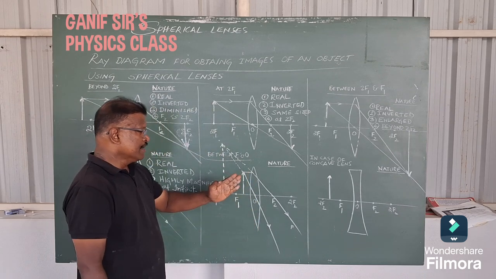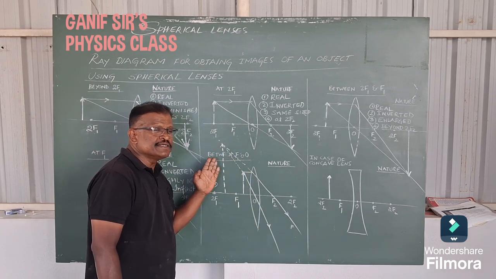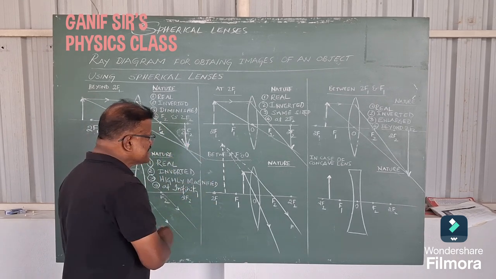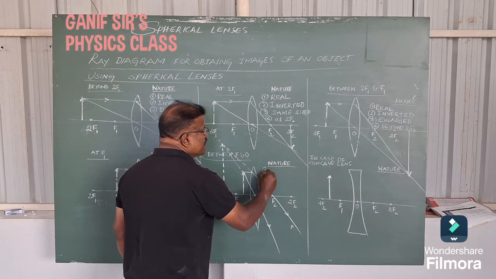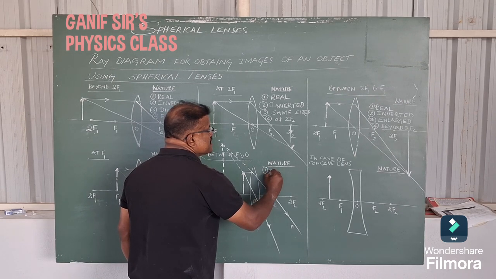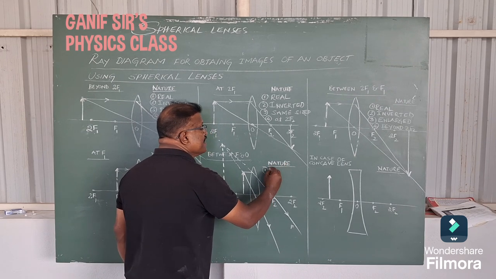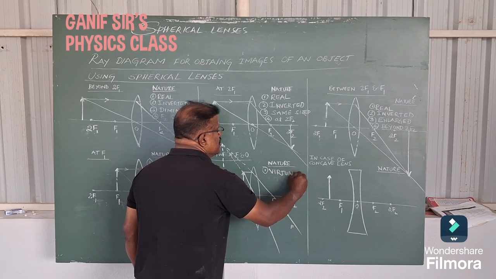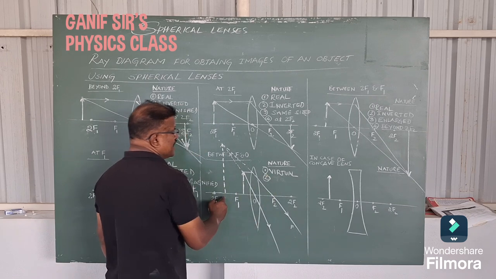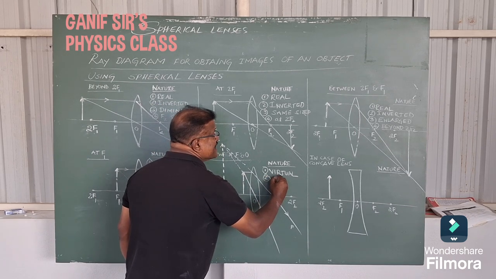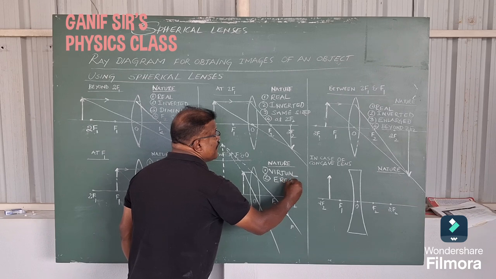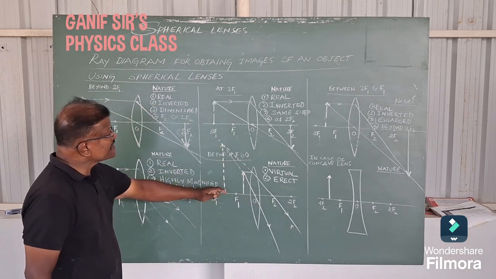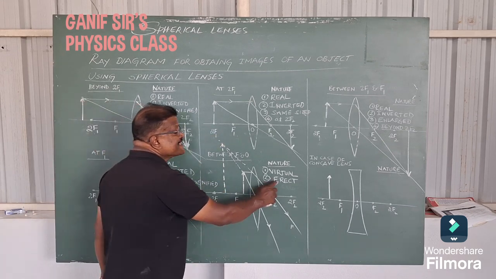But you cannot obtain this image on any other physical screen. So let's discuss the nature of the image obtained. The first one is that the image is not real, it is virtual. Second, it appears to be erect, because the two rays appear to come from this single point which lies above the principal axis.